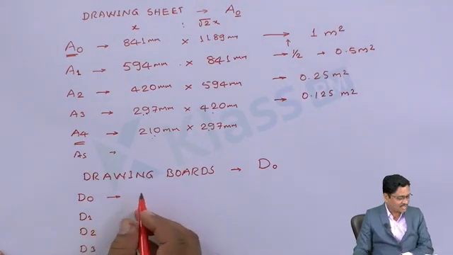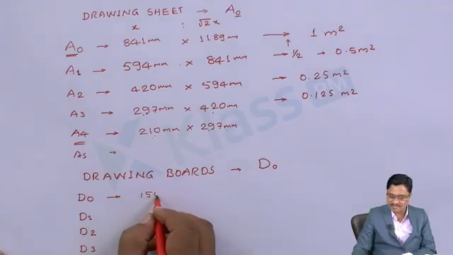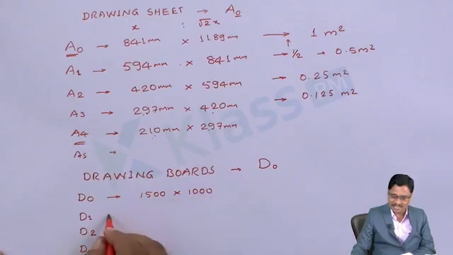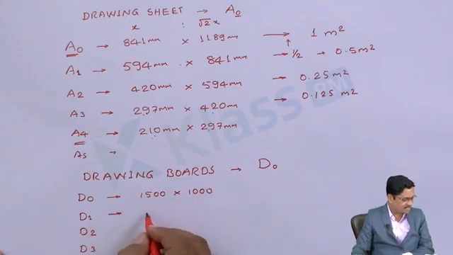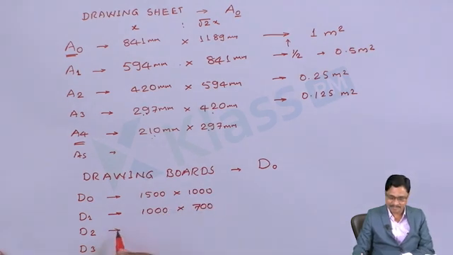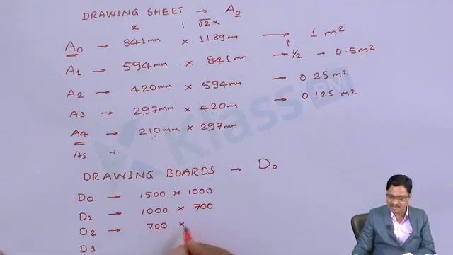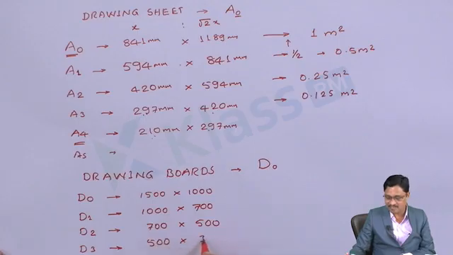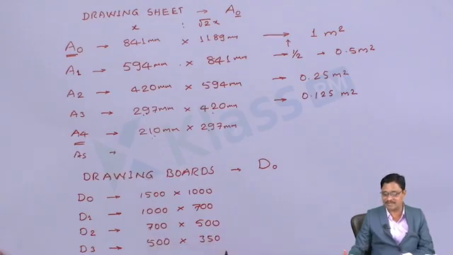We have the rough dimensions here: D0 is 1500 mm by 1000 mm, whereas D1 is 1000 mm by 700 mm, D2 is 700 by 500, and D3 is 500 by 350 mm.